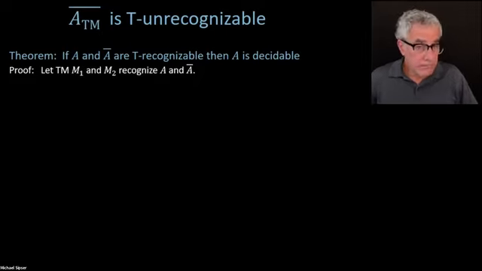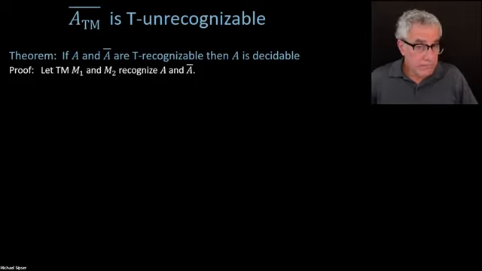I'm going to run them in parallel. What's nice is that because M2 recognizes the complement of what M1 recognizes, every string is going to be accepted either by M1 or by M2, because every string is either in A or in A complement.